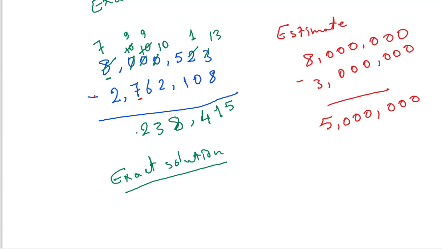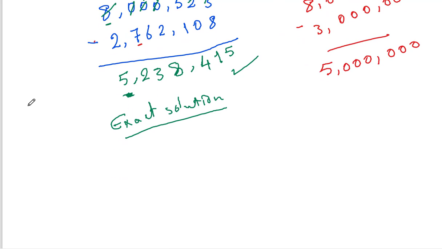And 7 minus 2 is 5. So this is how we can see here that our solution is 5,238,415. This is near to the estimate, which is 5 million. So the answer is correct. The solution is correct. And the last thing that we use estimation in is multiplication.